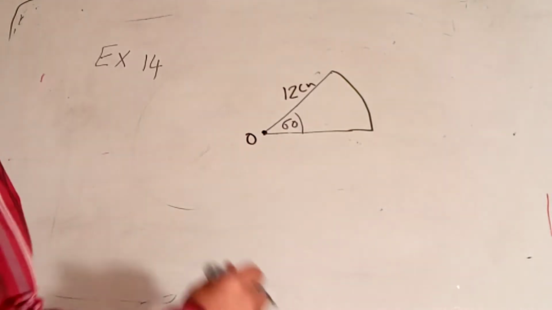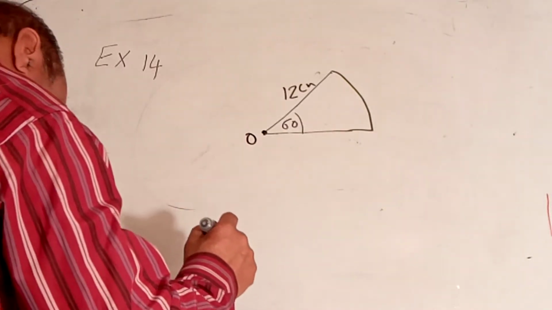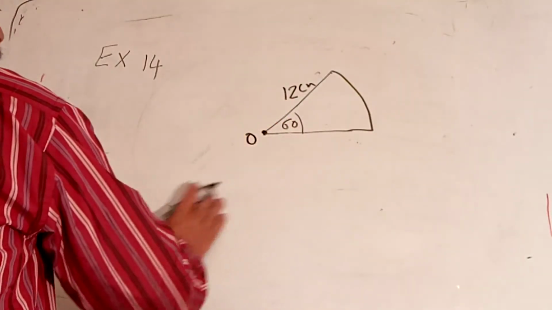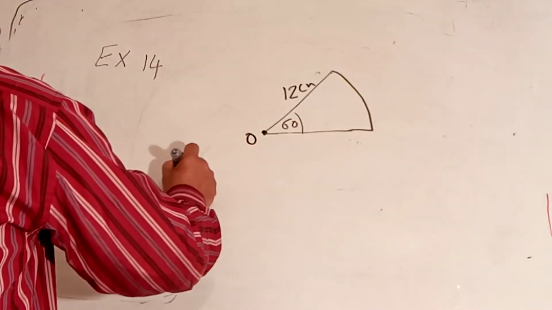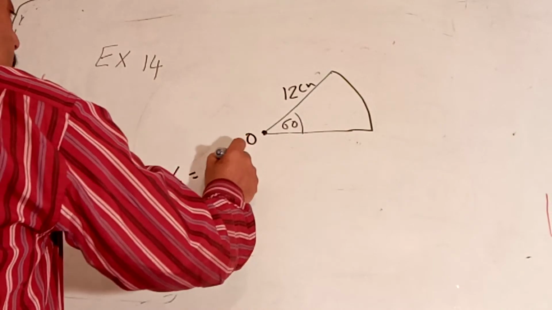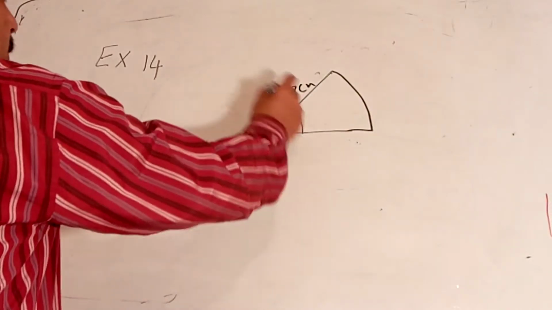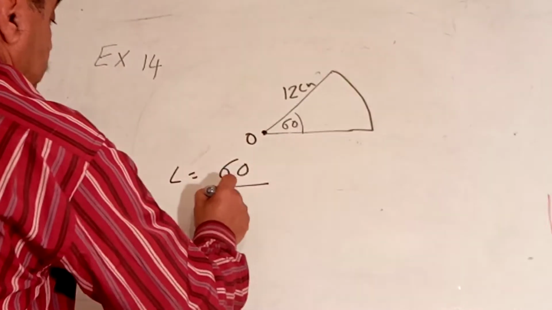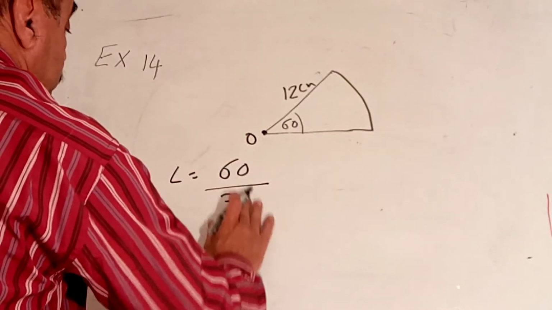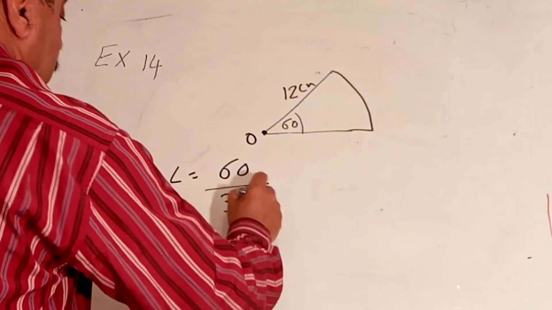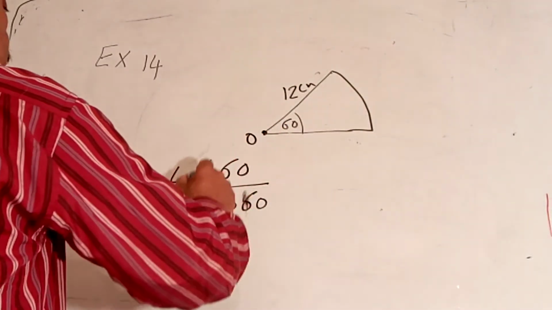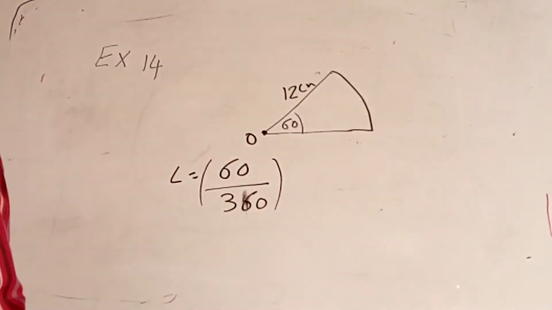As we said, the length of the arc is a fraction of the circle. Let me say it's L, the length of the arc. It's equal to 60, theta, divided by the whole angle of a circle, which is 360. This is the fraction of the angle we have, multiplied by pi d or 2 pi r.